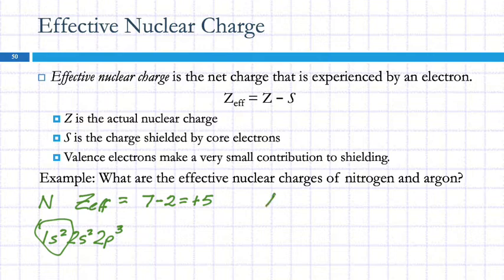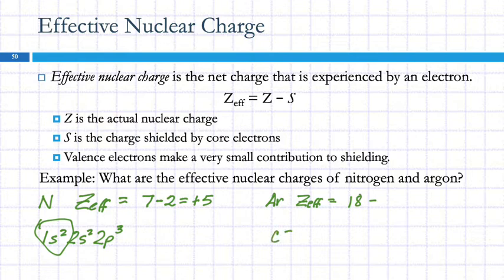And then let's look at argon. So how many electrons does argon have? How many protons? 18. That's the charge on the nucleus. How many valence electrons does argon have? 8.